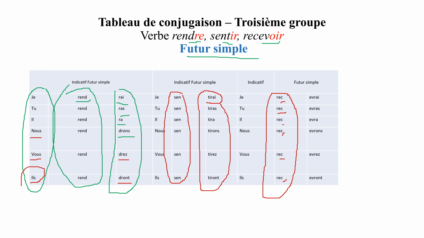Why? Because it is not followed by an O. Only when it is followed by O, then you give it the Ç to give it the sound of S. Go back to the first lesson about Ç and it will give you the example of when we use the Ç. Okay? And that's it, I think.